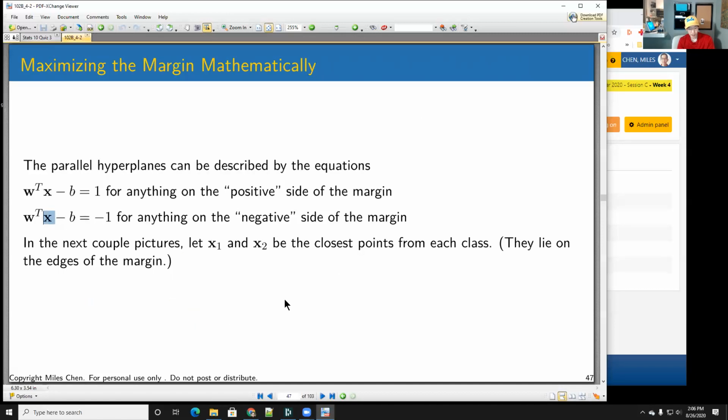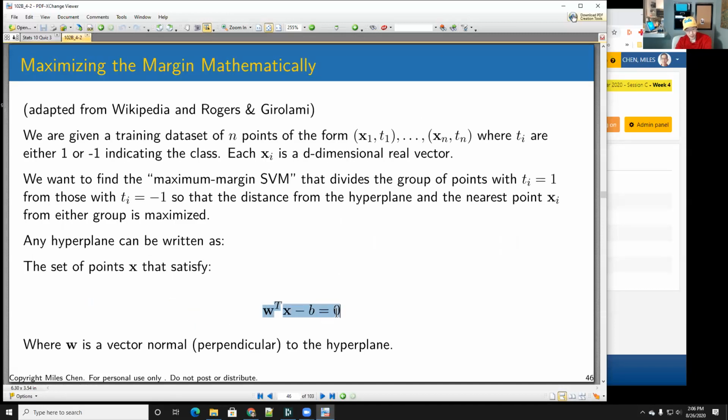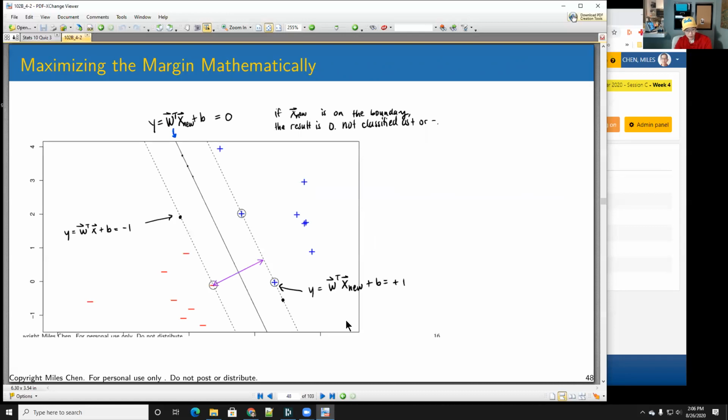Just keep in mind that we're defining the line, and in our case the line exists on the plane x1, x2. It's the set of all points that satisfy this equation. This is the x1 direction, and this is the x2 direction. The set of all x points that satisfy w transpose x plus b equal to 0 will be this line right here.